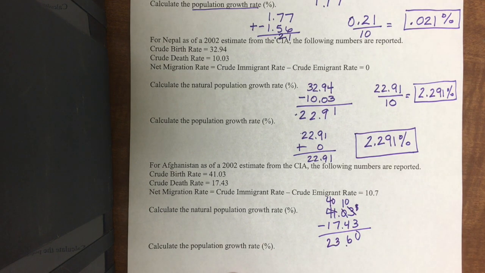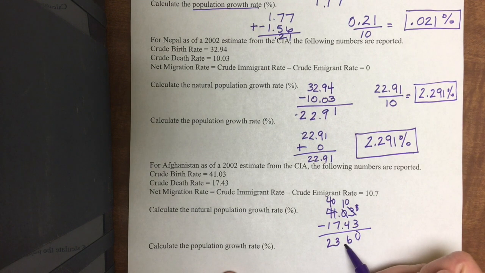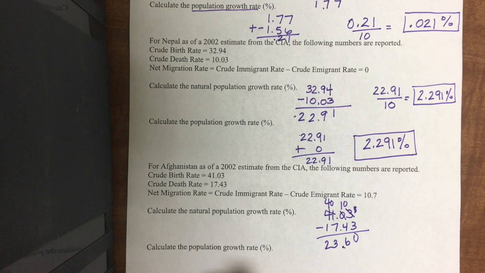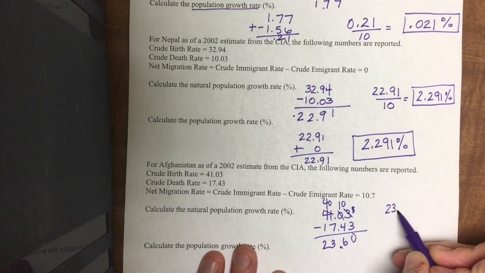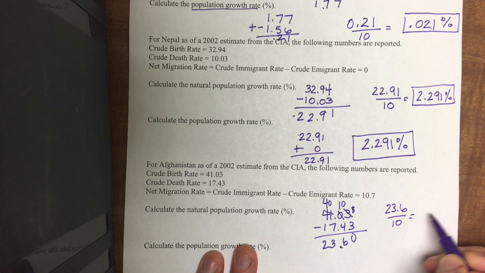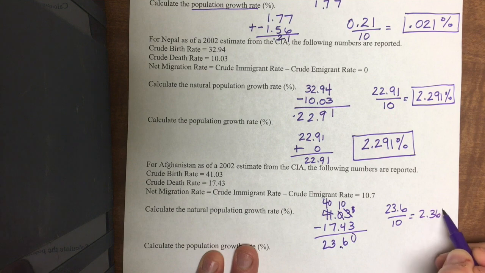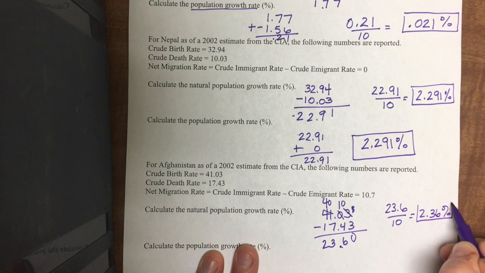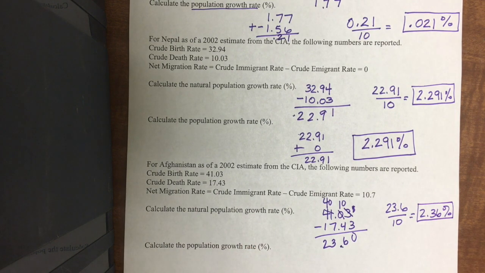Always good to do a quick add back, and I get 23.6. To go to natural, again, I divide by 10. So I get 2.36% is my natural population change rate.